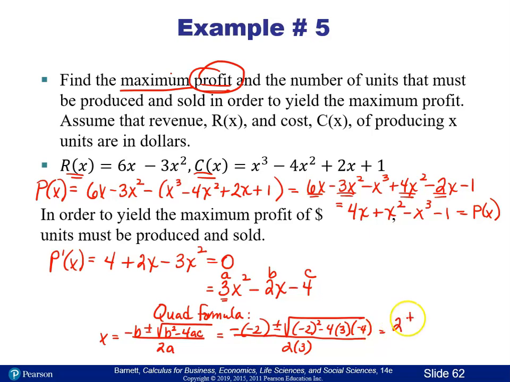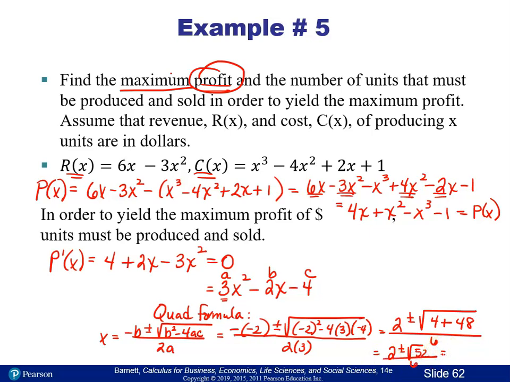Okay, so we've got 2 plus or minus the square root of 4 plus, looks like 12 times 4 would be 48, over 6. And in this particular class, decimals are fine.